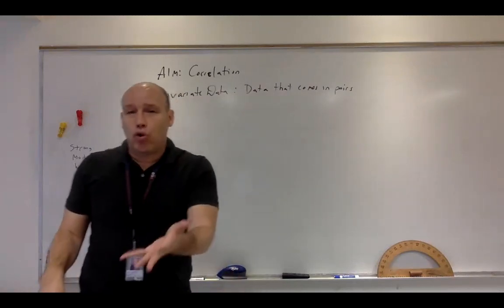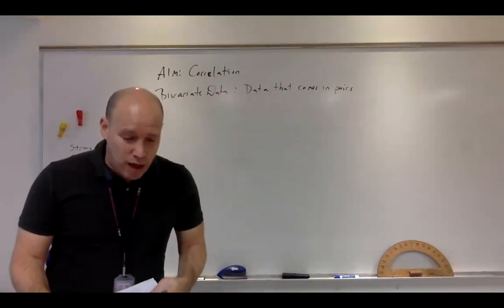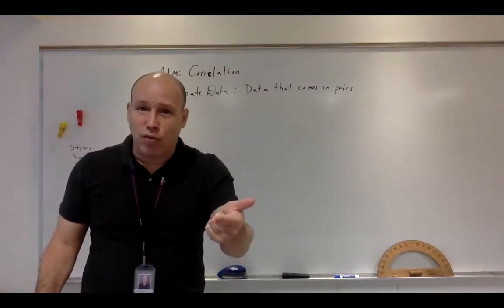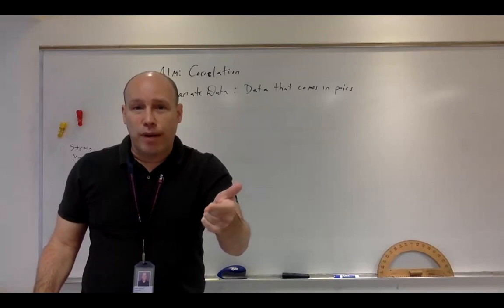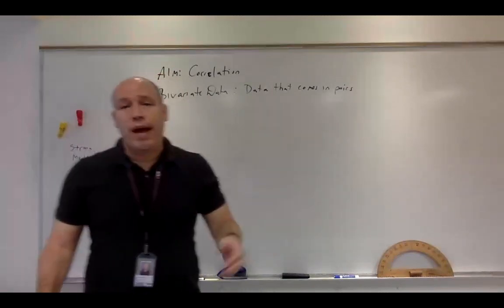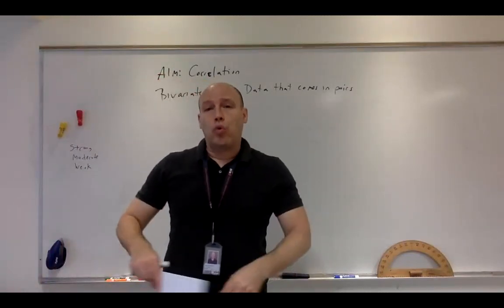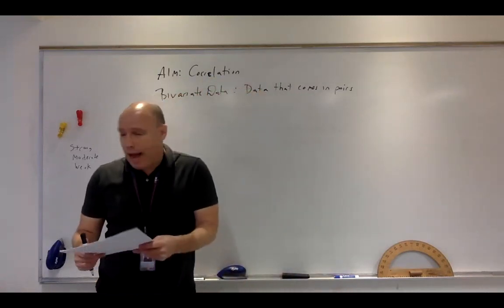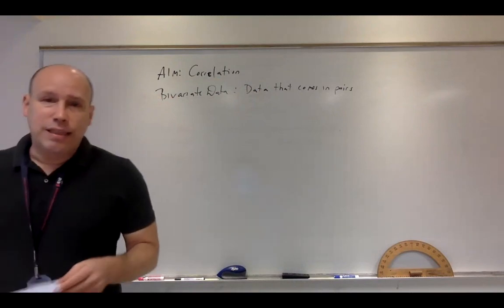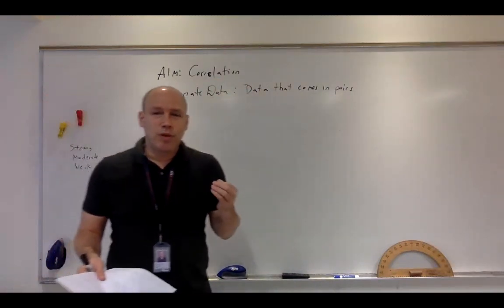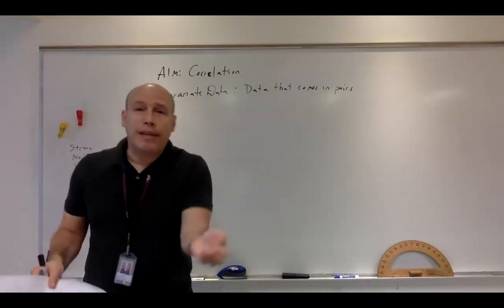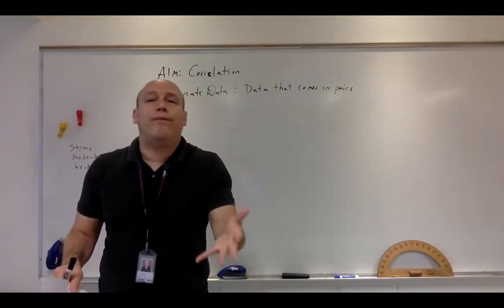For example, you saw on the sheet, we took a kid and asked, what did you get on the math test and how long did it take you to run the 500 meters? Or another example, we asked another person, what's your waist size and what's your BMI? Another thing we asked: we might take a city, what's the population and how much rainfall do you have?